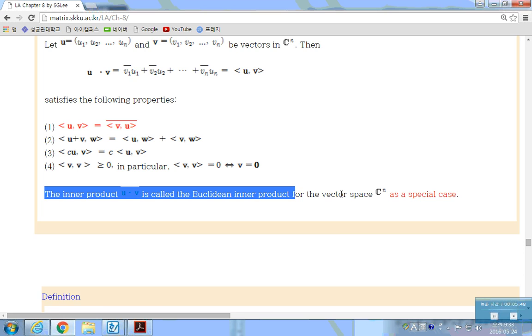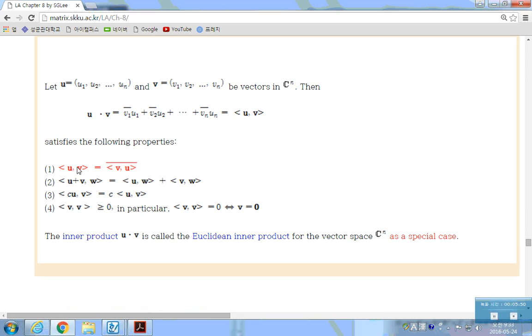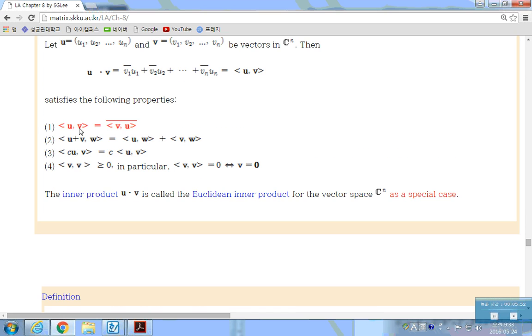It is not commutative, we need the conjugate here, but it is distributive, and the constant can come out, and it is always non-negative. If it is 0, then v is 0. This is called the positivity of the inner product. So these are four properties, like what you saw before. The only difference is here.